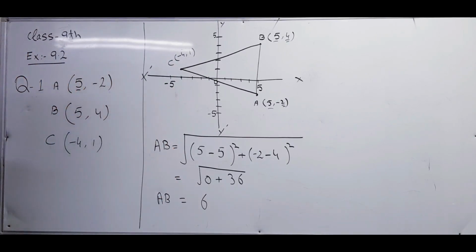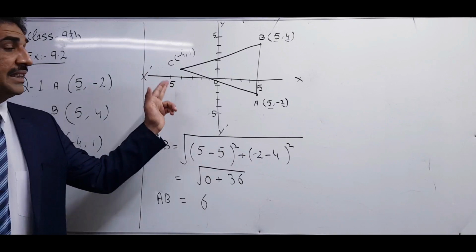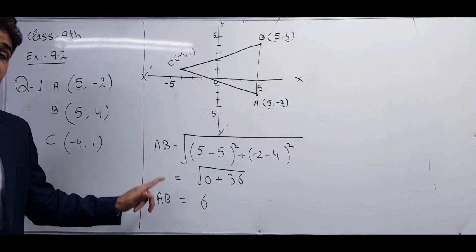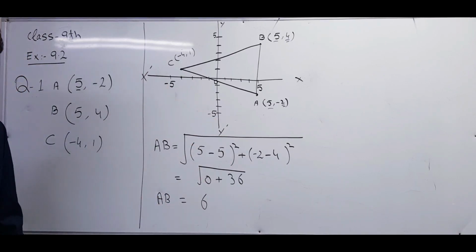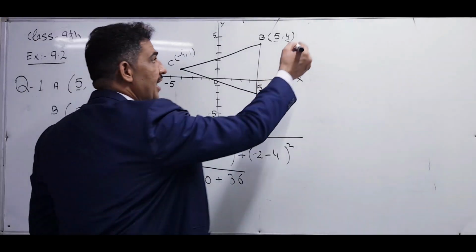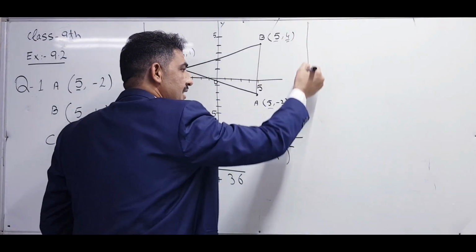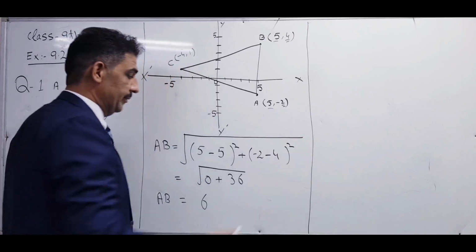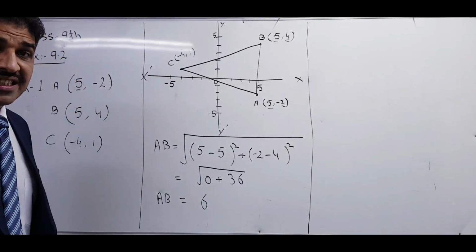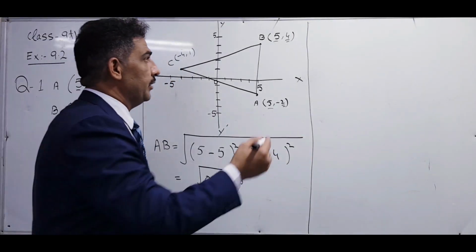Now we have to check the values of BC and CA. If all the values have the answer 6, then which type of triangle is it? Equilateral. Good. So now next, BC.